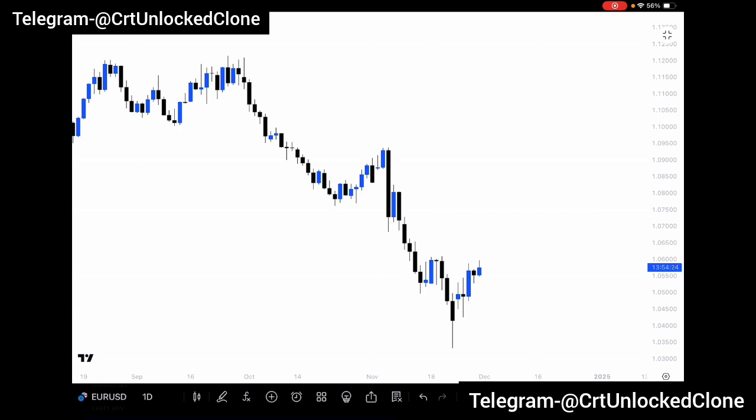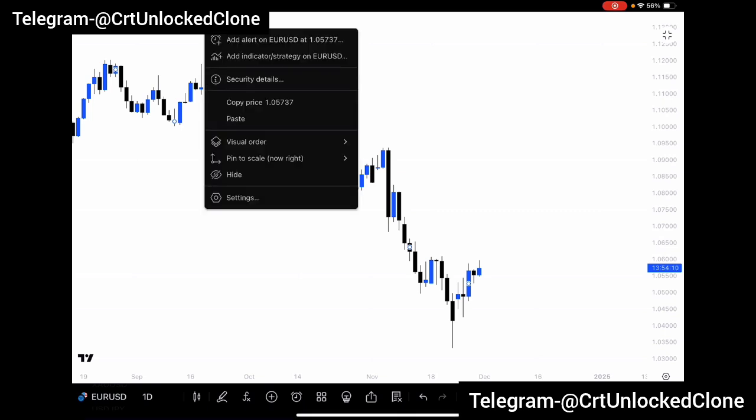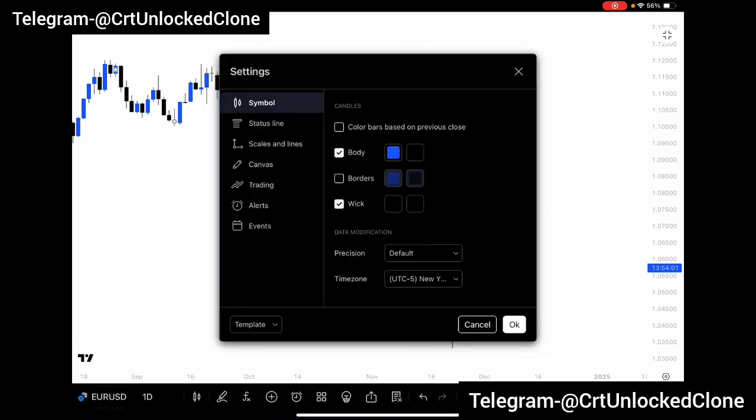On the top left side you can see the pair name, right? EUR/USD, 1-day, FXCM. Tap it and you can see three dots there. Tap it. Now, at the last you can see the option Settings. Tap it. Now automatically the Symbol page is displayed here.